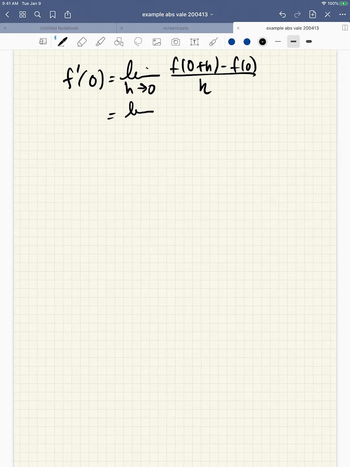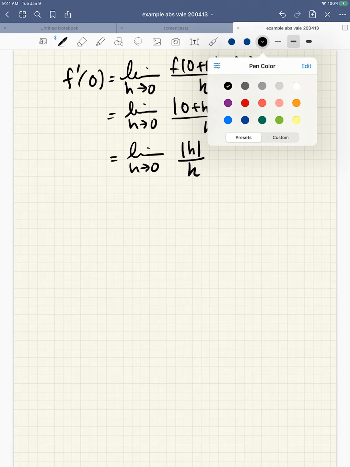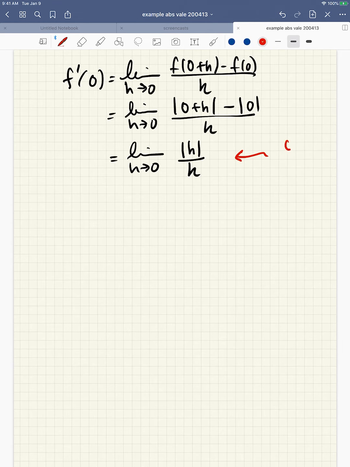F, remember, is our absolute value function. So I've got the absolute value of 0 plus h minus the absolute value of 0 over h. And the absolute value of 0 is just 0, so we're left with this. So if you do a naive evaluation of this, you get 0 over 0.